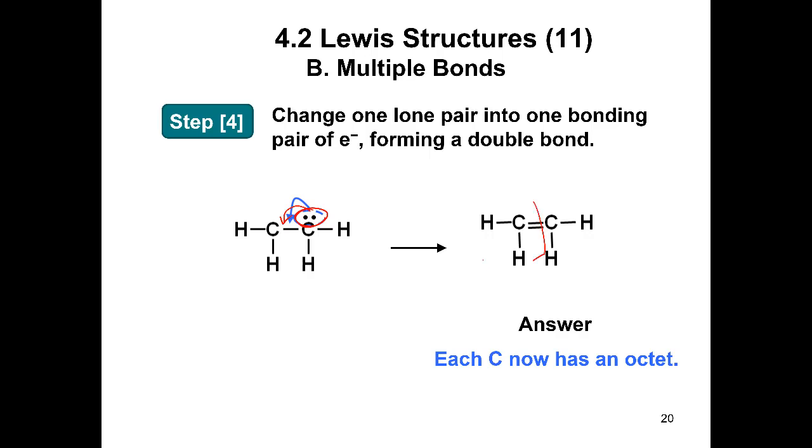So now this carbon has 1, 2, 3, 4 bonds, and this carbon has 1, 2, 3, 4. Remember, those shared bonds, each one of them thinks they actually own those. So now each carbon, through the sharing and the use of a double bond, actually has 8 electrons, which is what we want, to have that octet. And that is the method that the book is showing you on how to put these together.